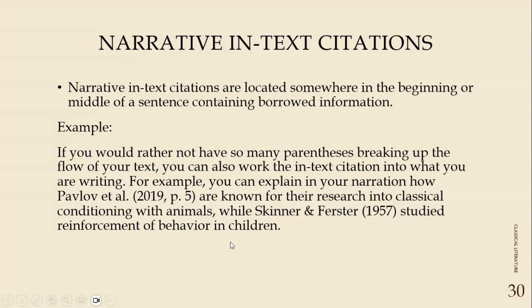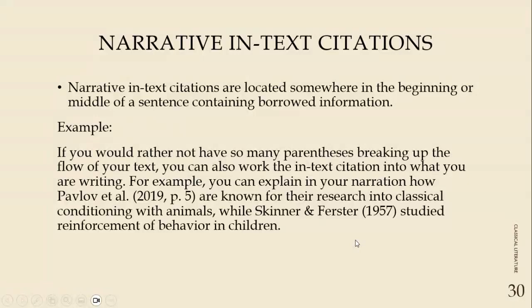So this is a really smooth example of a narrative in-text citation, because what is the alternative to this? Well, the alternative would be putting all of this information, separated with a semicolon, from all of this information right here at the very end of that sentence, which would be a huge hindrance to the flow of the text, because that's a lot of information to put into an in-text citation at the end of a sentence.